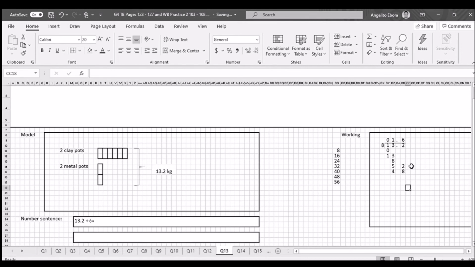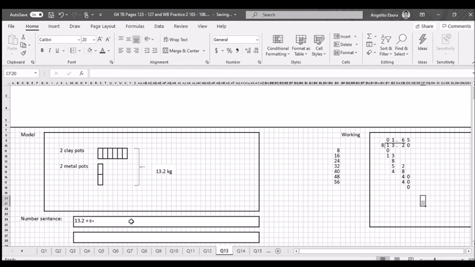We cannot subtract 8 from 2, so regroup, or you can just subtract 52 minus 48. From 48 you count until 52, you get 4. Then add 0. So 40 divided by 8 is 5. So 5 is 40. Nothing's left.